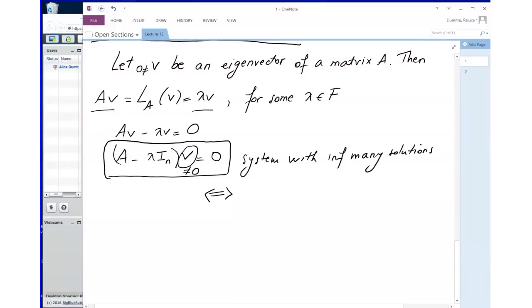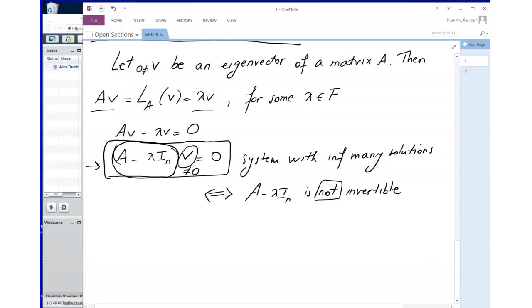Again, back in undergrad linear algebra, we've seen that this is equivalent to this matrix here being not invertible. Why is that? Well, if this matrix A minus lambda identity would be invertible, then in this equation here, I can just go ahead and multiply by its inverse to the left, both sides.